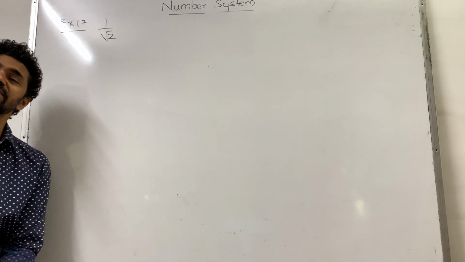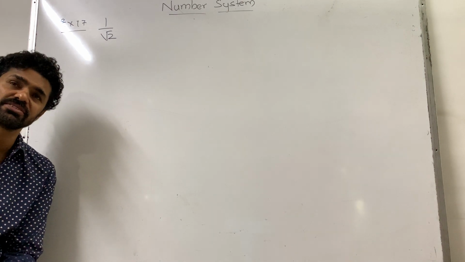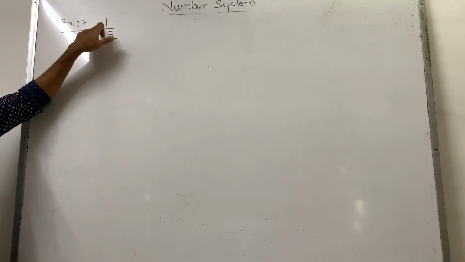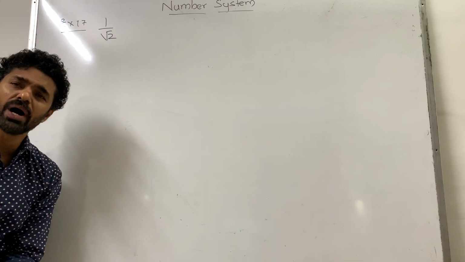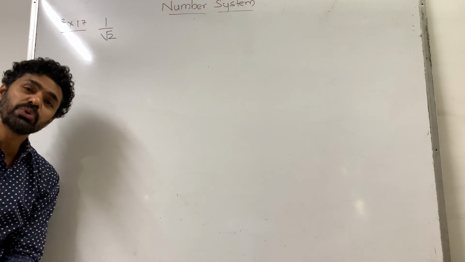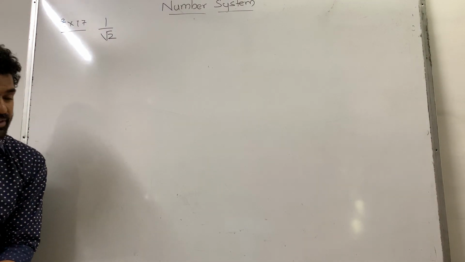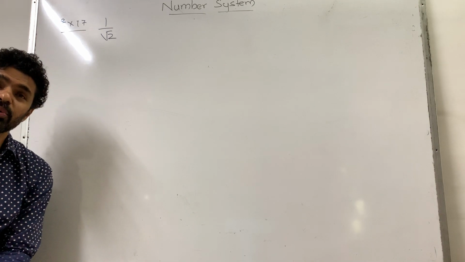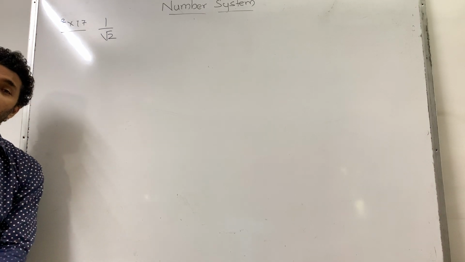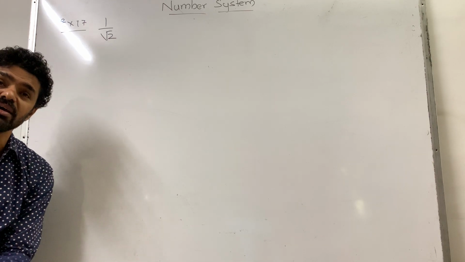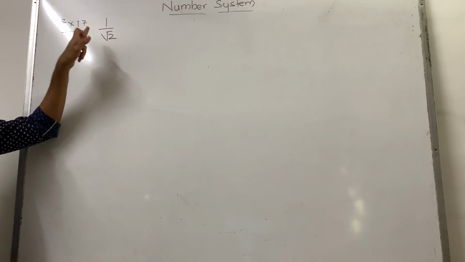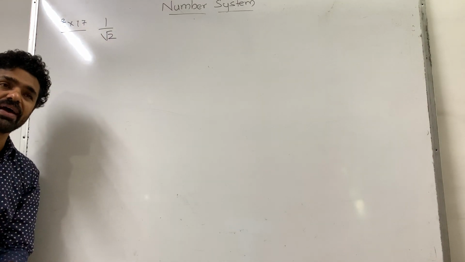And the question reads as rationalize the denominator. Now if you look at this irrational term, the numerator is 1. We know 1 is a rational term. The denominator is root 2. Root 2 is irrational. And the question is asking us to rationalize the denominator. What does that mean? It means that we have to make the denominator rational. Here the denominator is irrational and we should make it rational.